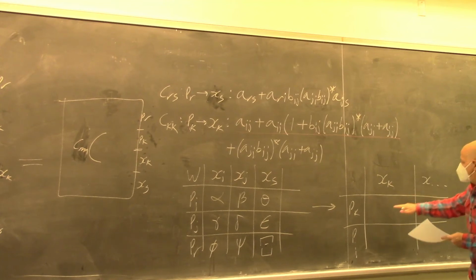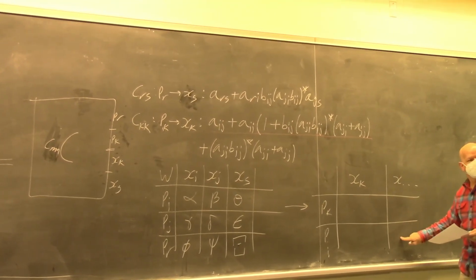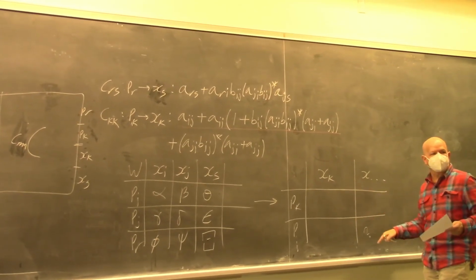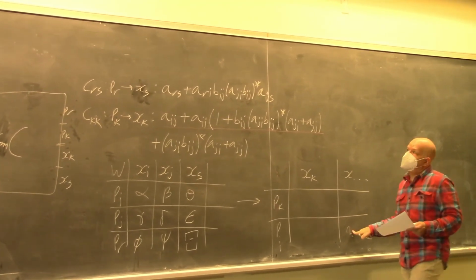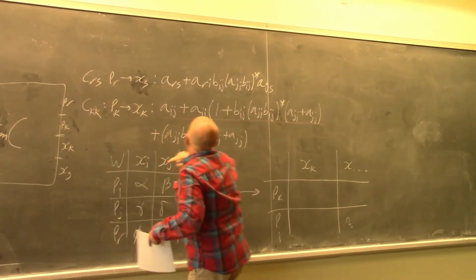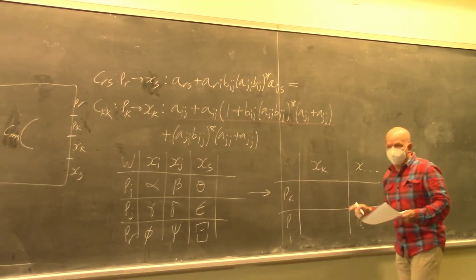But now we have to figure out, for example, what appears here. We have to figure out what appears in each of the boxes. What appears here are the CRS's, so all I have to do is to write the CRS's using the new notation.